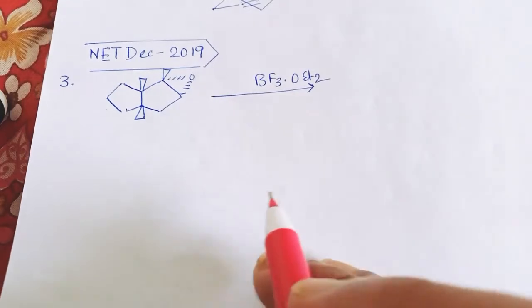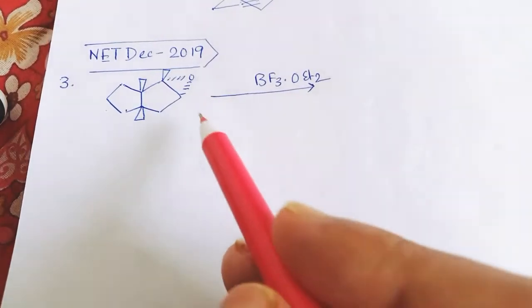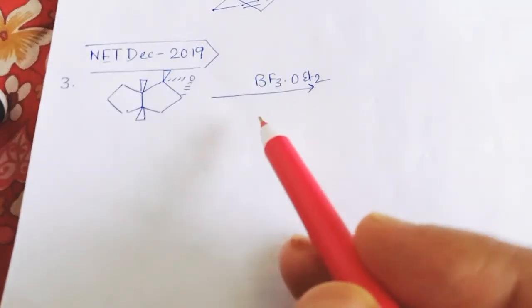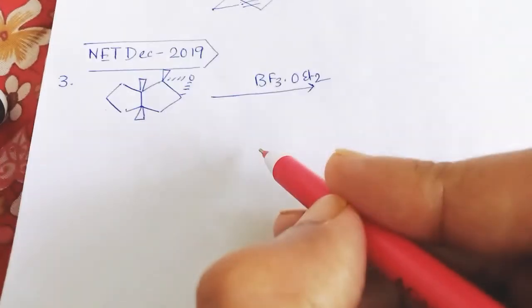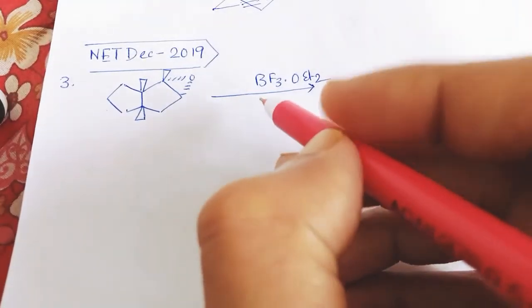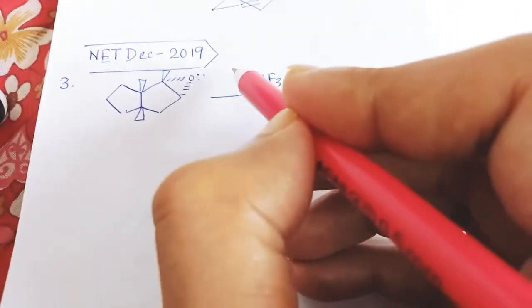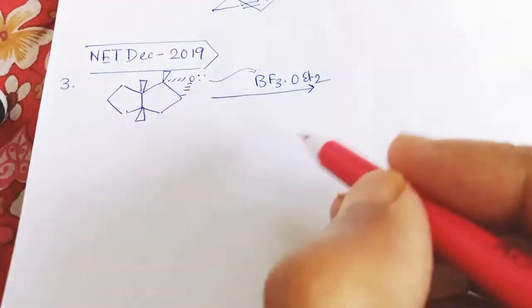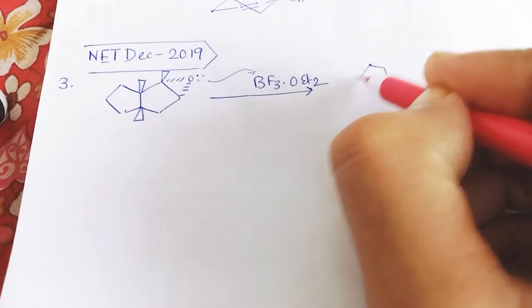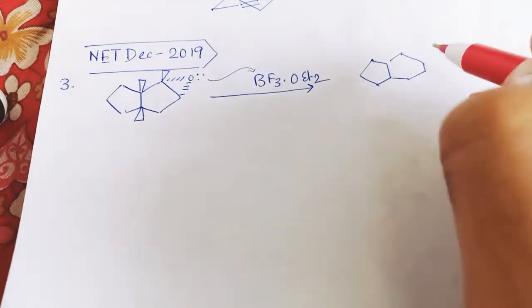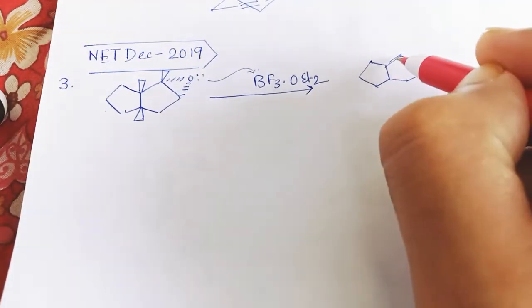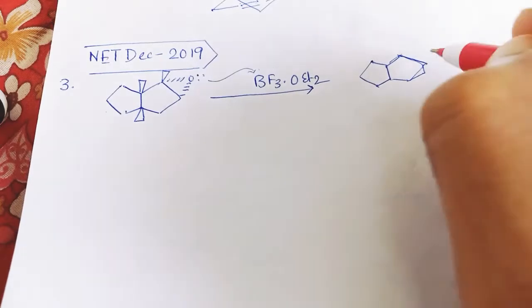Next, coming to another question which came in December 2019, we have to predict the product. Again, I am not giving the options. You can check. First, oxygen will coordinate to boron.